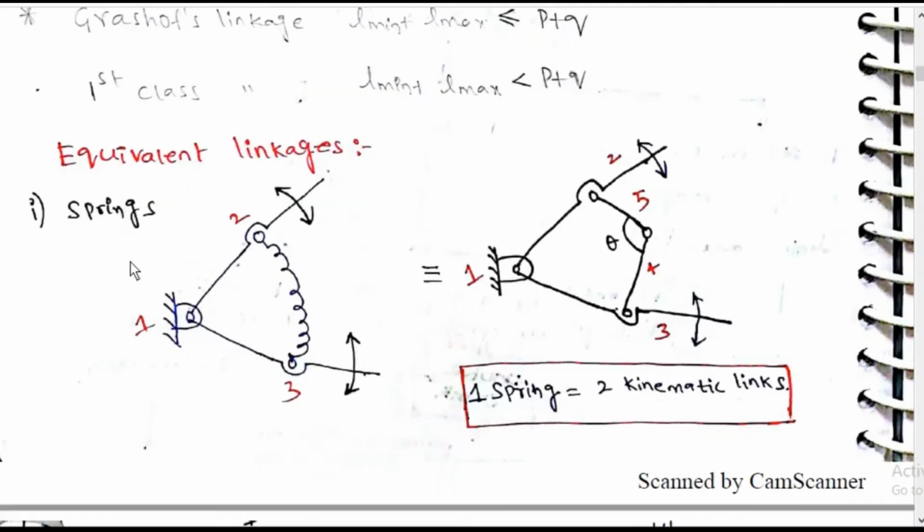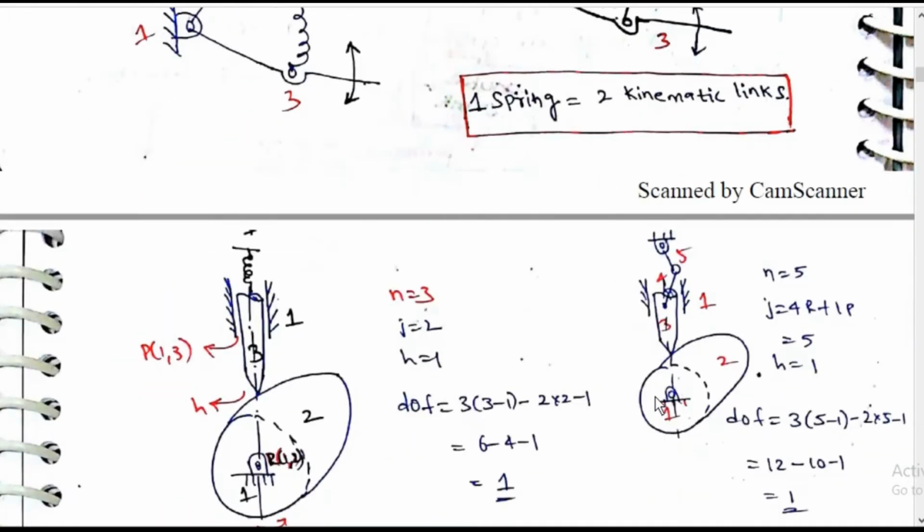Equivalent linkages: a spring is connected by 2 links and 1 revolute pair. One spring is equal to 2 kinematic links.